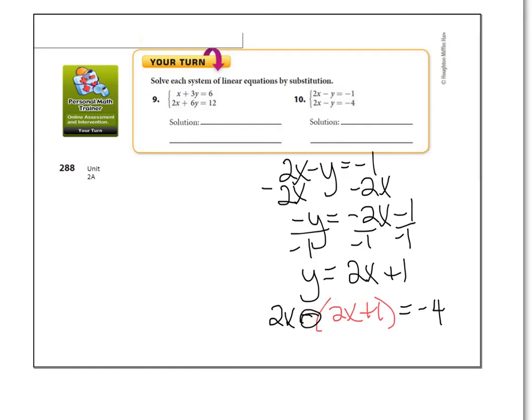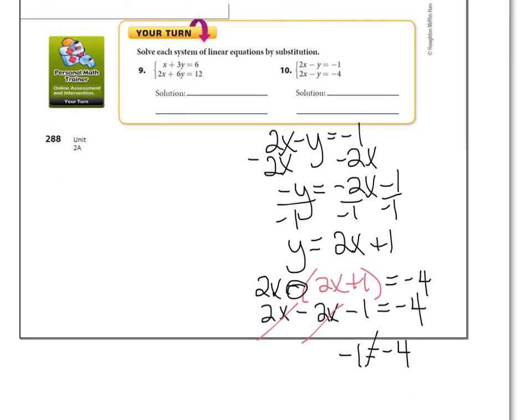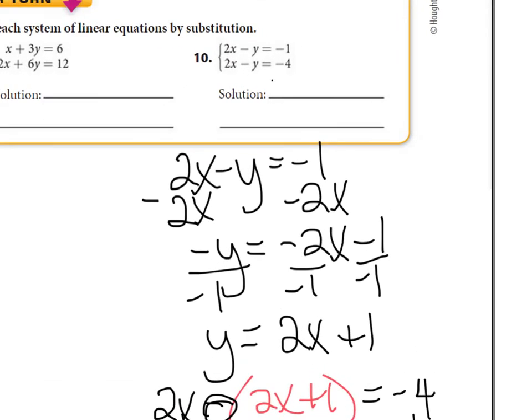So I bring down the 2x, and this becomes minus 2x minus 1 equals -4. Well, 2x minus 2x is going to cancel. So we're left with -1 equals -4. Well, -1 obviously doesn't equal -4. So since the variables canceled and we were left with a false statement, that means our solution is no solution.